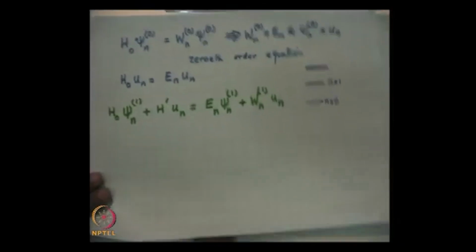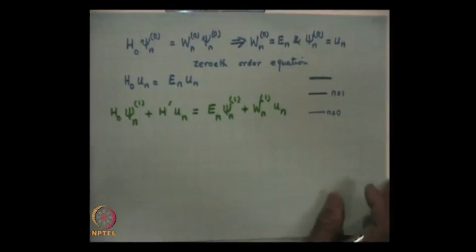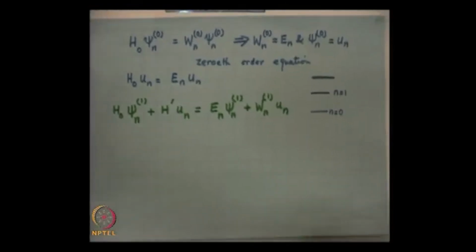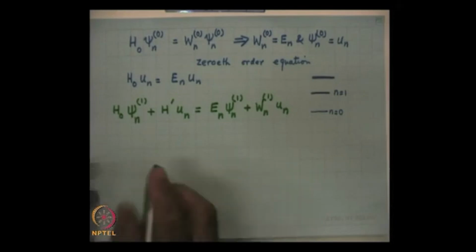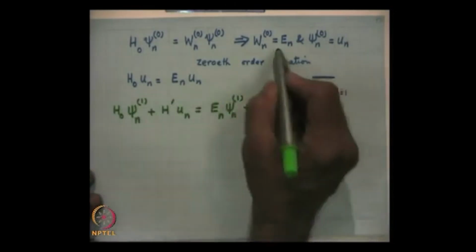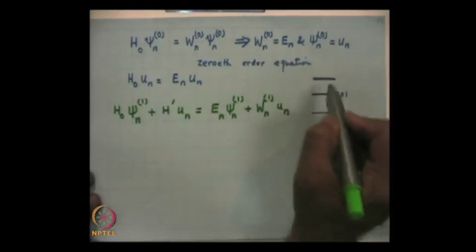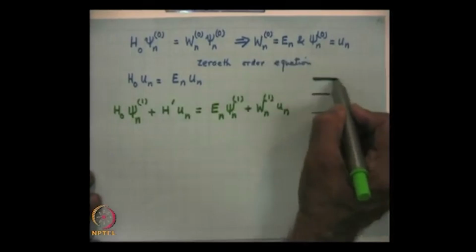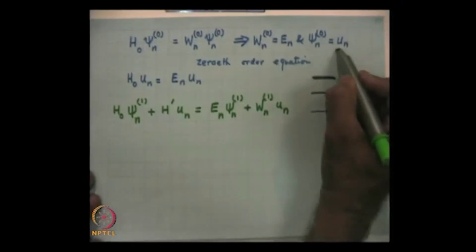Similarly, I can write down my second order equation also, but we will restrict ourselves to only first order perturbation theory, because in most analysis one uses first order perturbation theory. Then we have already assumed that we are considering the perturbation to the nth state whose eigenfunction is known.